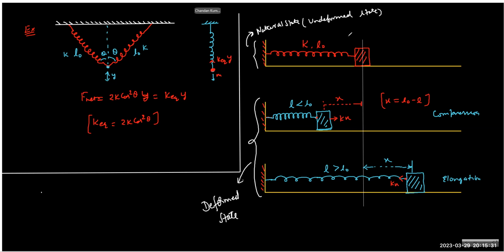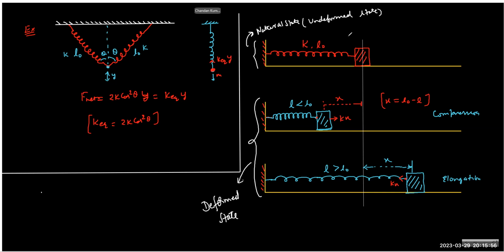And you know why it is able to give energy? Because while getting compressed or elongated, which must have been done by someone, it stores the energy, and the spring is able to do positive work because it has some storage.